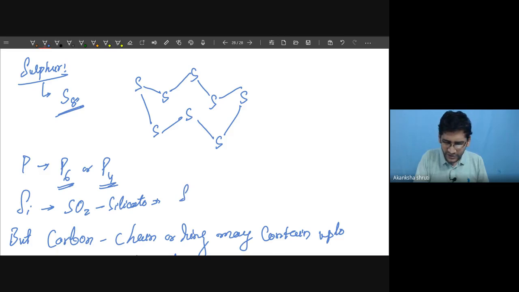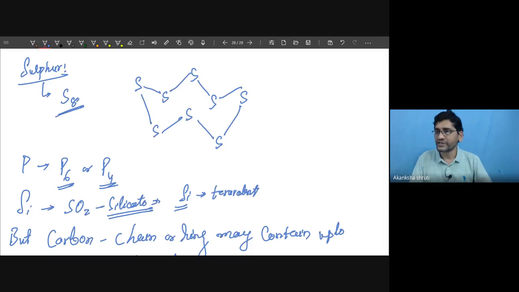Silicon is also tetravalent, but it does not show catenation to the extent that carbon does, because silicon is bigger in size, so the chain form is not that strong and it gets split. But they form a special kind of compound called silicate, where silicon bonds are there. This you will learn in higher standard.